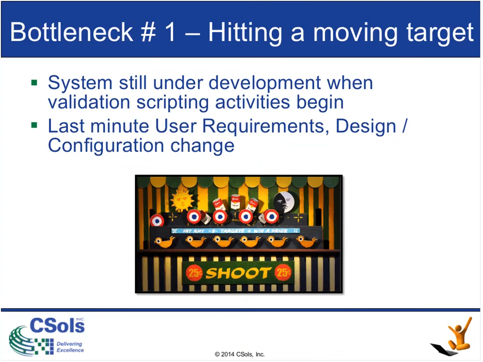What I mean by this is the code is not frozen, or the system is not done being configured, and they want you to write scripts. So what happens there? You write scripts, the code changes a little bit, then when it comes time to execute the script, there are all sorts of deviations or defects or nonconformances, or if you dry run, the script just needs to be rewritten because the code isn't frozen.